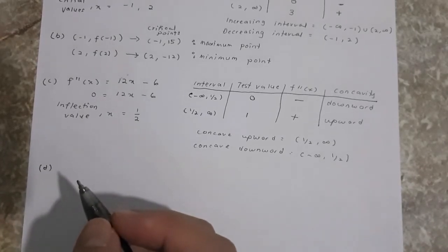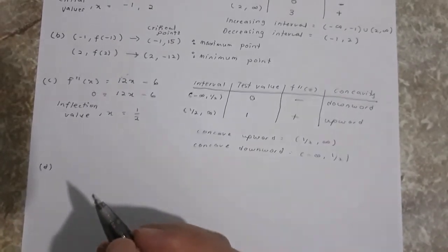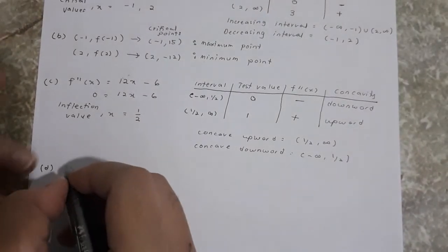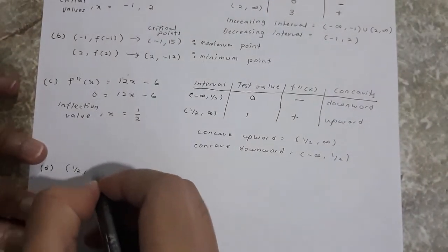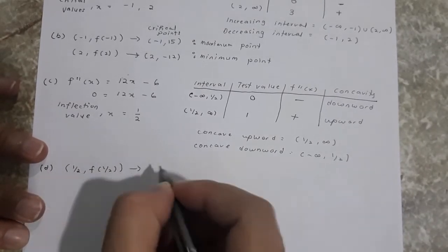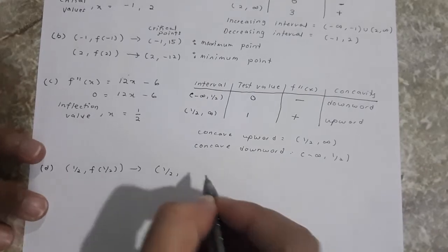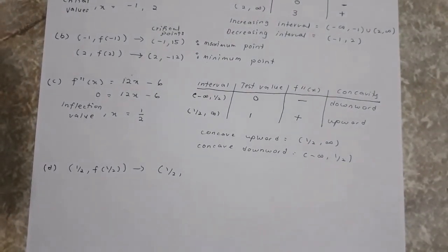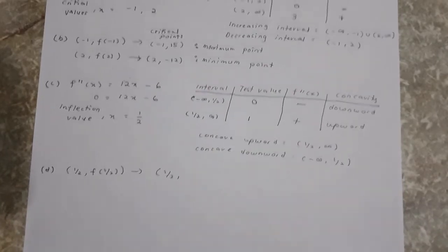Next, we want to determine the point of inflection. From the inflection value, substitute 1/2 into the original function.